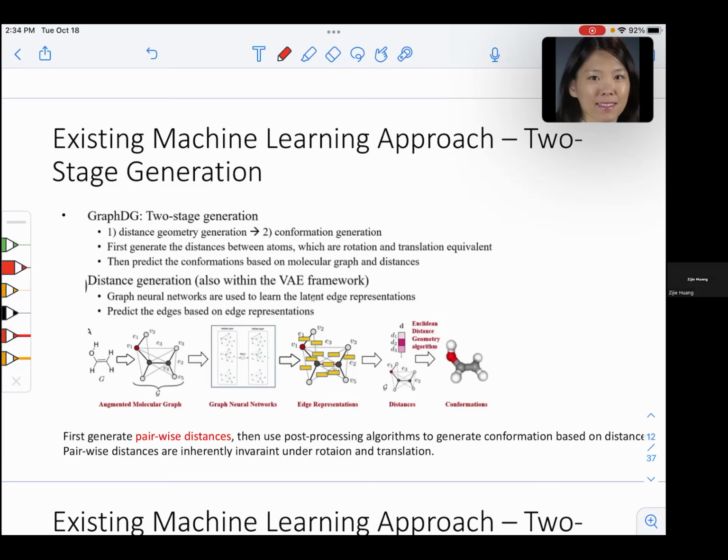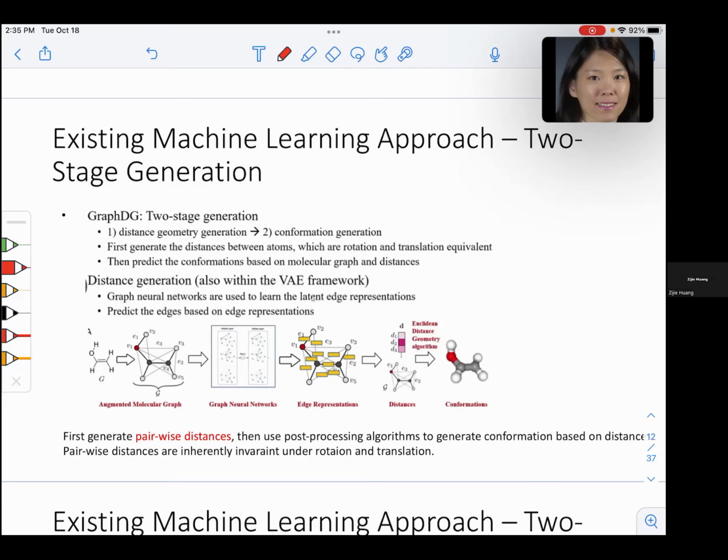When they generate this distance, they send the 2D graph into, for example, a graph neural network, and then based on the inferred representations they generate the pairwise distances. And there are very complex procedures. For example, they adopt bi-level programming later on, where they jointly do the distance prediction and the generation from the distance to conformation.